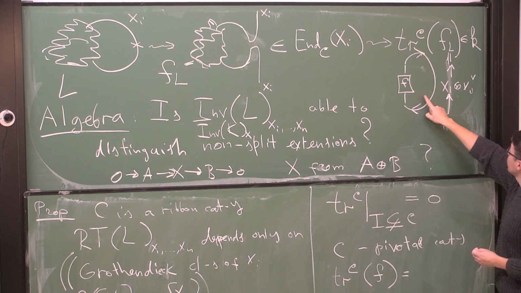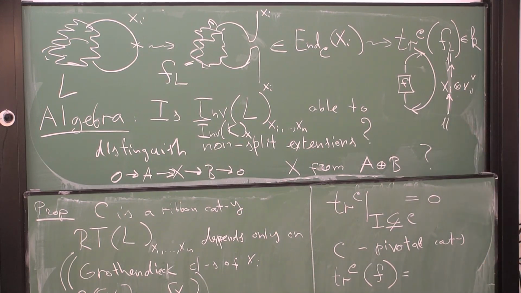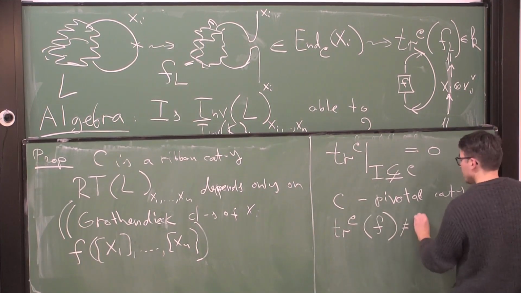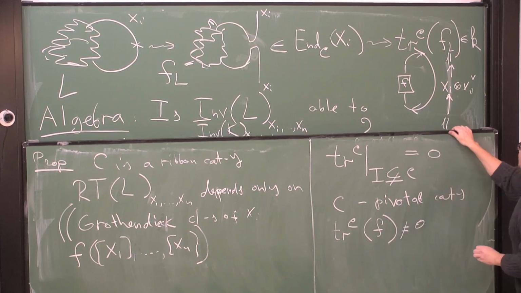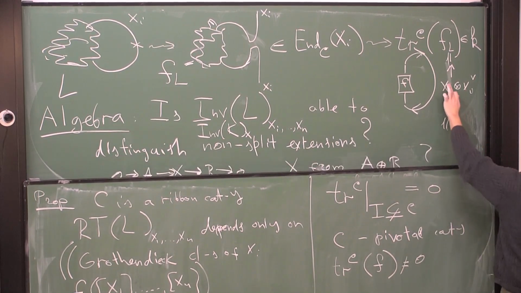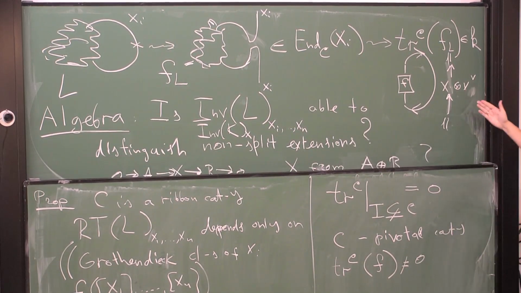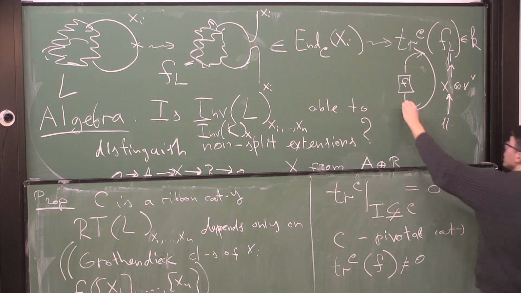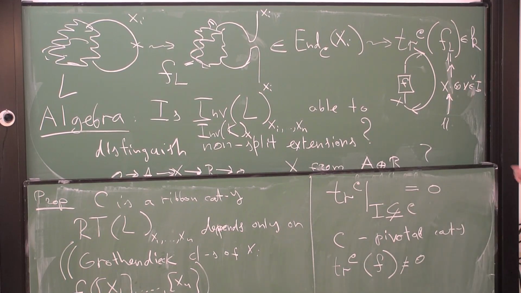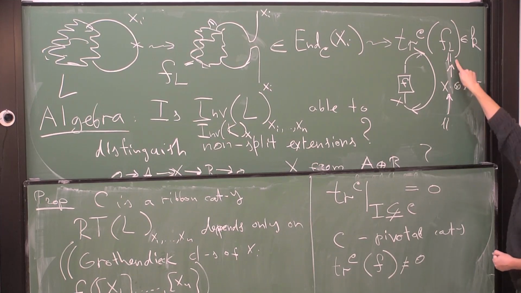Assume this number is non-zero for X in some proper ideal. If it's not zero, I can normalize this composition such that the tensor unit is a retract of X tensor X dual, right? By assumption X was in the ideal, so X tensor X dual is also in the ideal. But if it's non-zero, and I normalize properly, this is a section of that map.